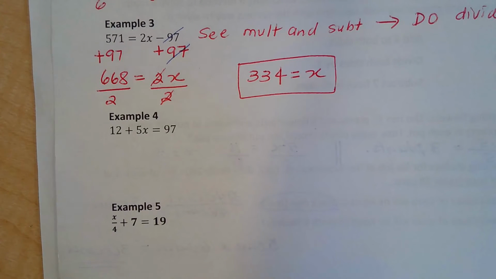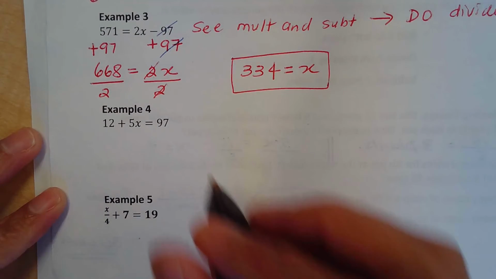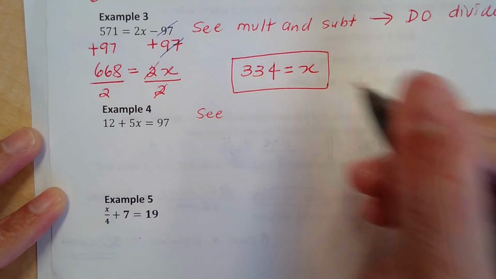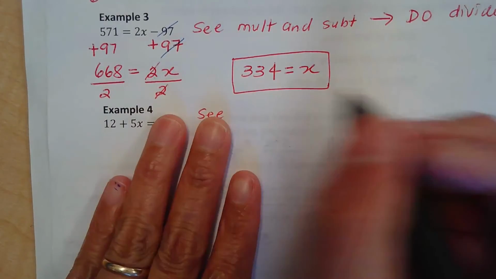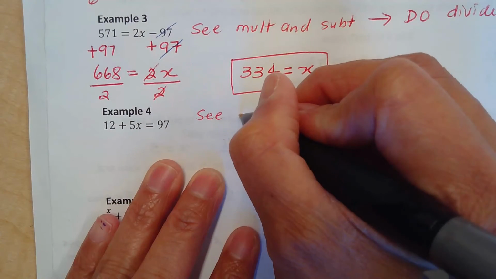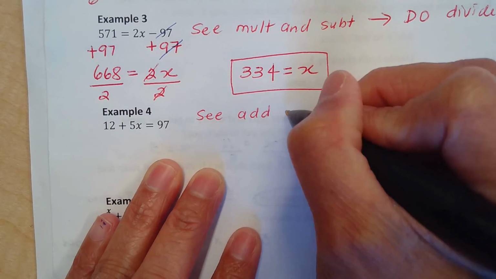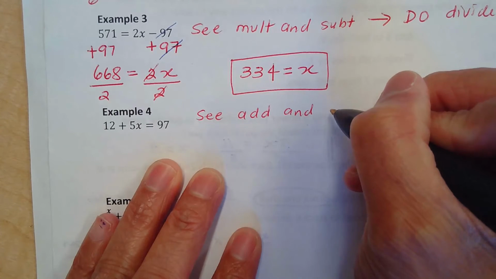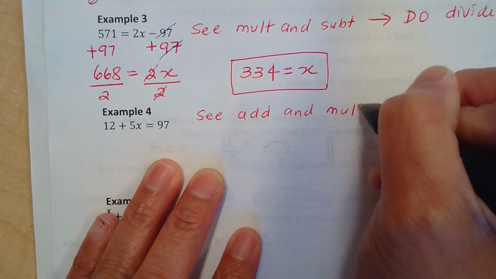Let's try example 4. Is that okay? Are you getting the hang of it? Yes? Okay. What do you see where the x is? You see a plus and multiply, right?